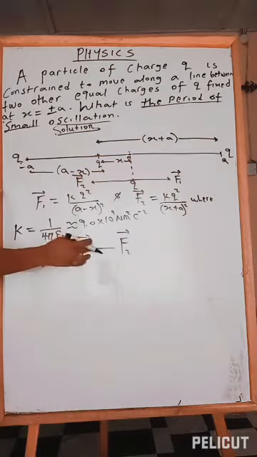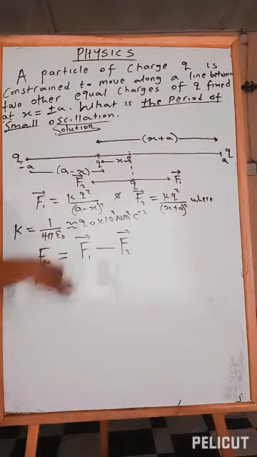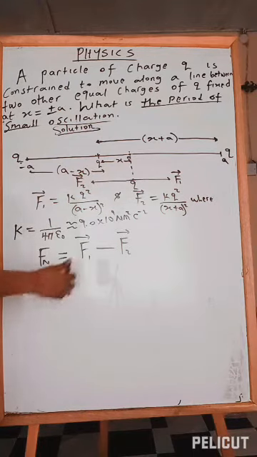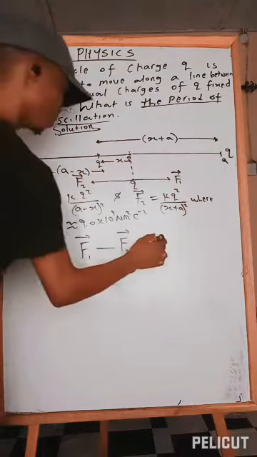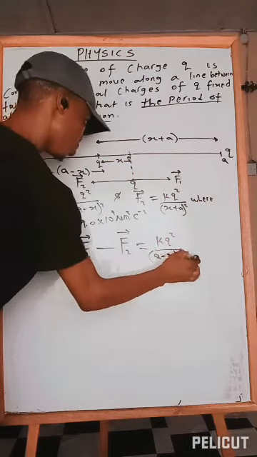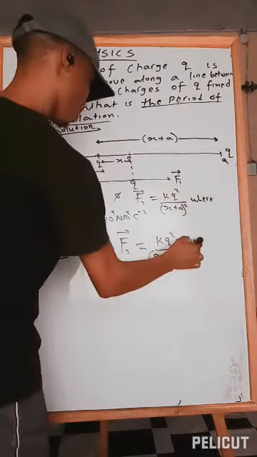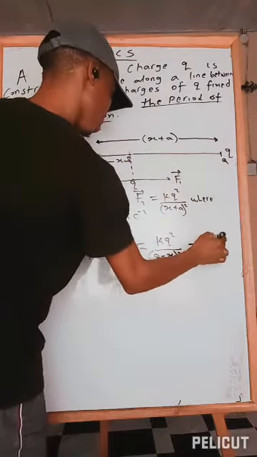If they were moving in the same direction, we would just add them. Now we can substitute for F1 and F2, and that gives us KQ squared over (A minus X) squared, then minus KQ squared over (X plus A) squared.